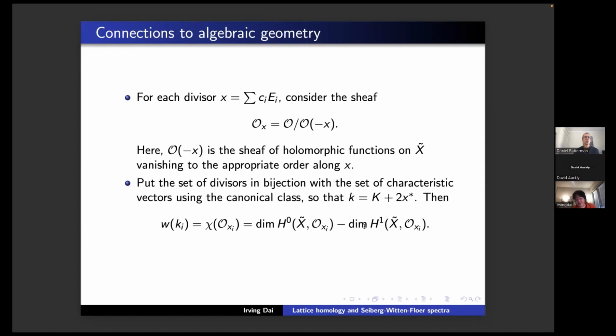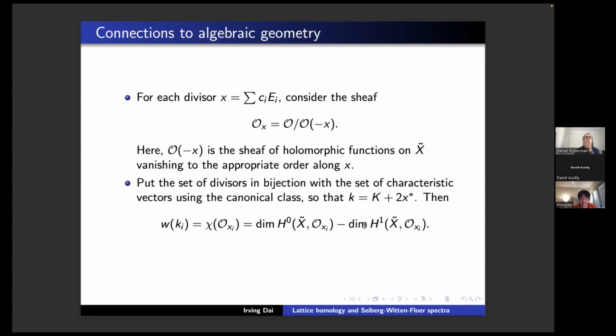And unfortunately, now I really am running over time, but it turns out that you can interpret this lattice homotopy type construction in certain favorable circumstances. I'm really sweeping a lot of things under the rug. You could imagine that as I vary the characteristic vector, I vary the sheaf of holomorphic functions being considered.